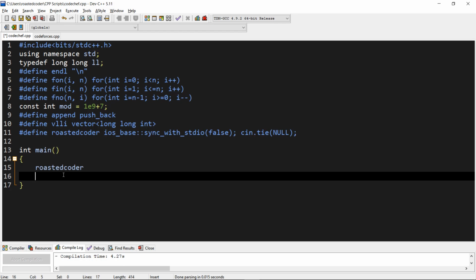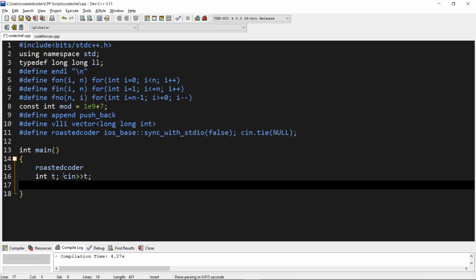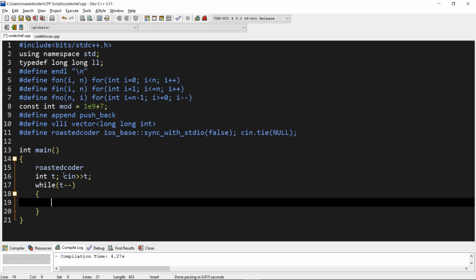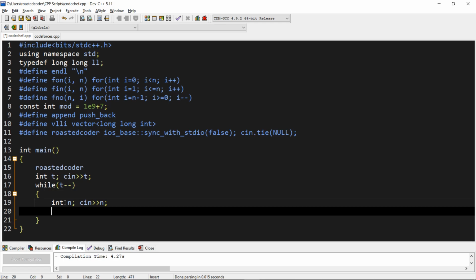So let's take T test cases. And now run a while loop until t is greater than 0. And now let's take n, the number of rectangles. Now let's run a loop for 4n minus 1 times, since one vertex is missing, so there will be 4n minus 1 vertices.